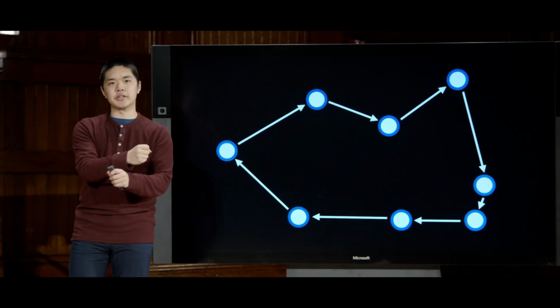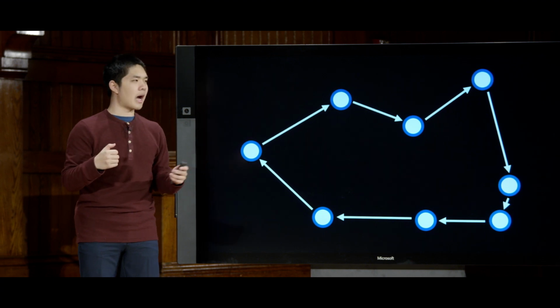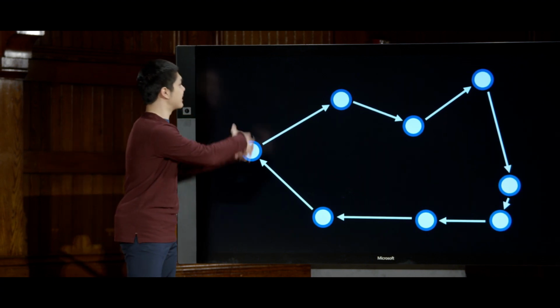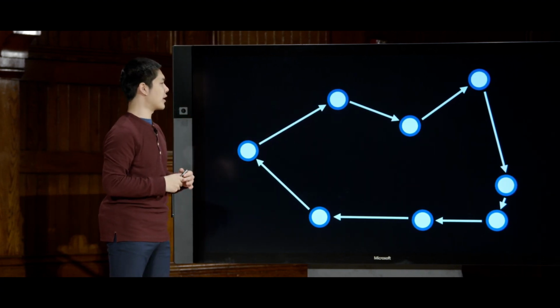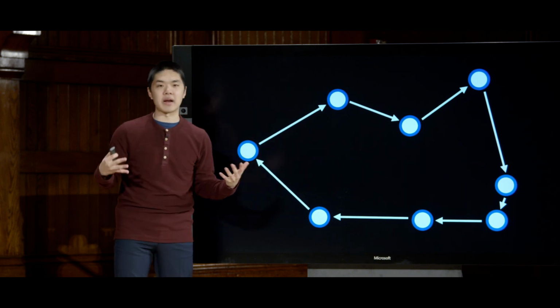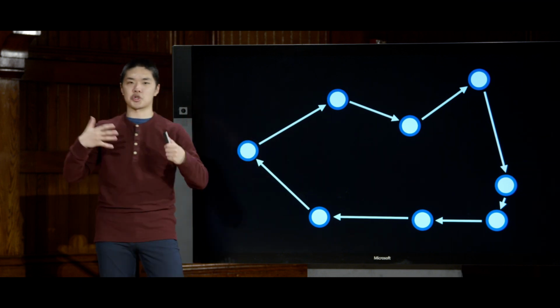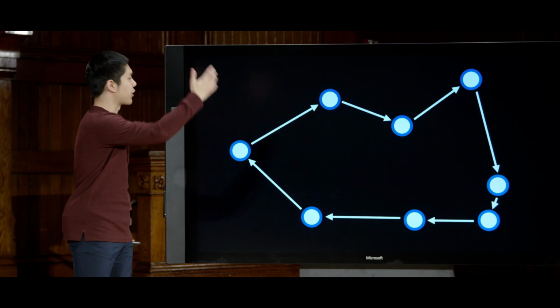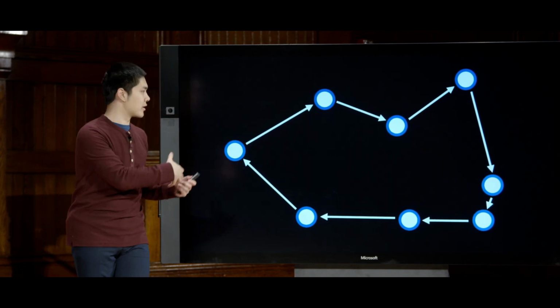So by taking two edges and just switching them, I have been able to consider one possible neighbor of this particular configuration, and it looks like this neighbor is actually better. It looks like this probably travels a shorter distance in order to get through all the cities through this route than the current state did.